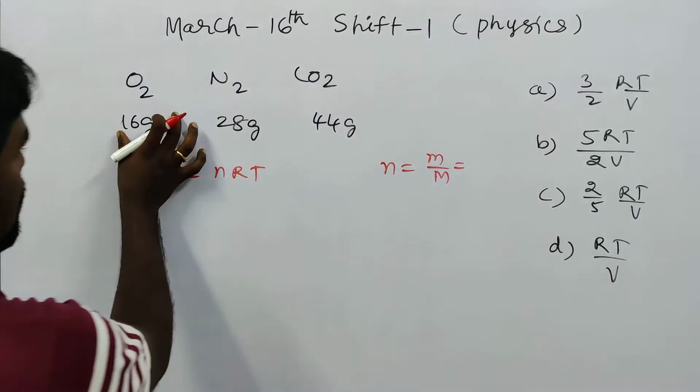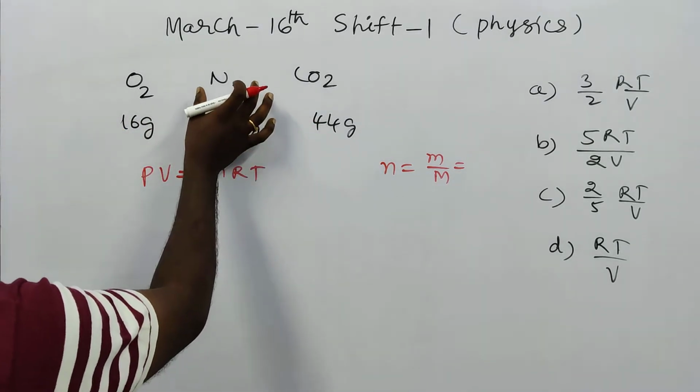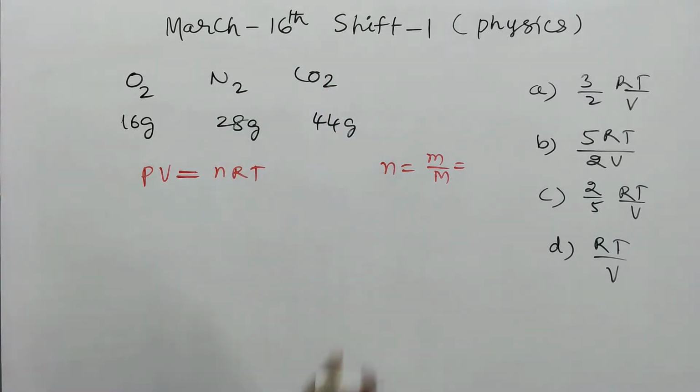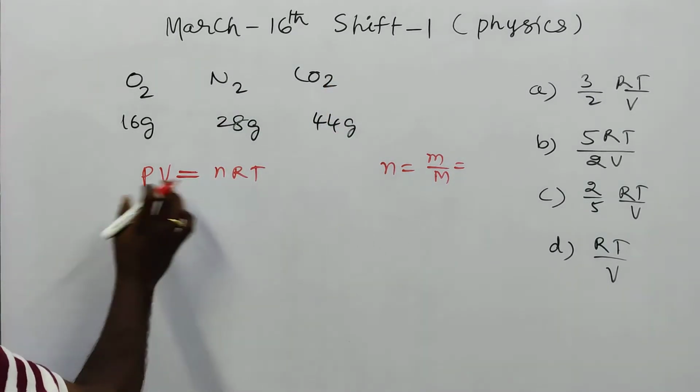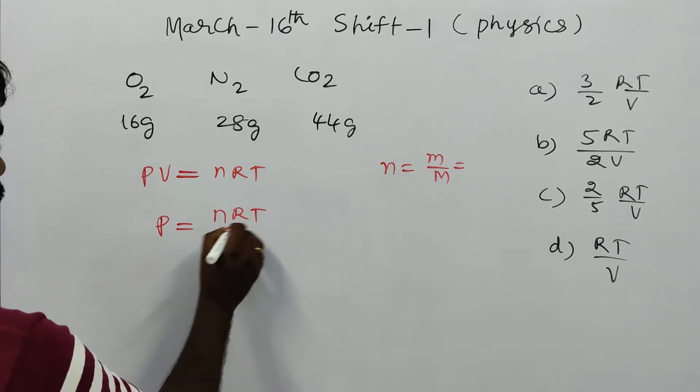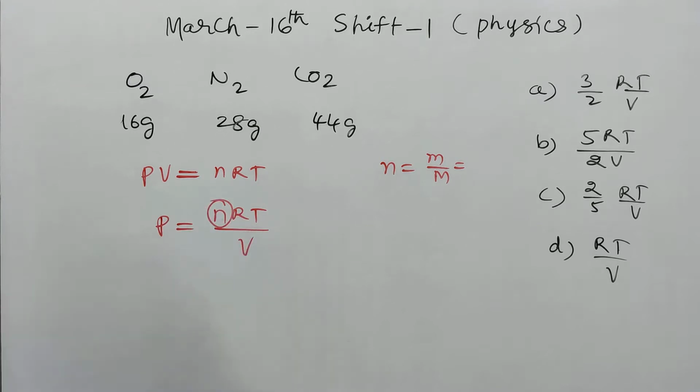So we write the n value for oxygen, nitrogen, and carbon dioxide and substitute it here. We need to find P, which is equal to nRT/V, so we need the n value.